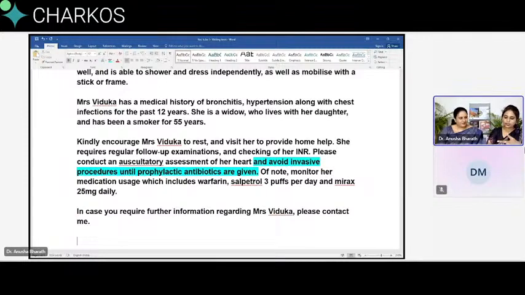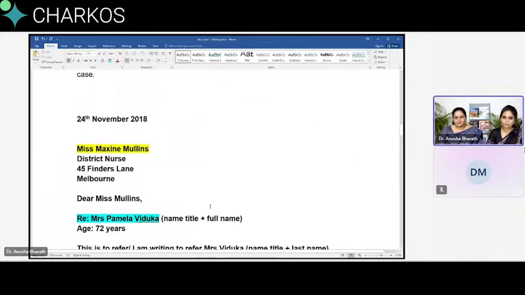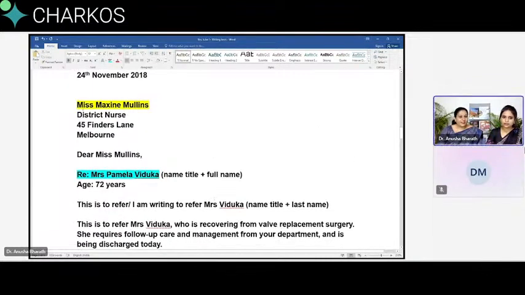So how will we end the letter? I think that is a point that you made during the beginning of this session. What will be the complementary close here? We know the addressee's name. Yes, we are addressing it to Miss Maxine Mullins. We've also given the salutation as Dear Miss Mullins.